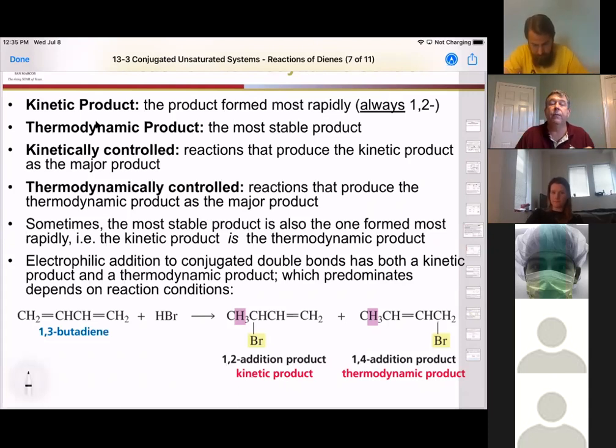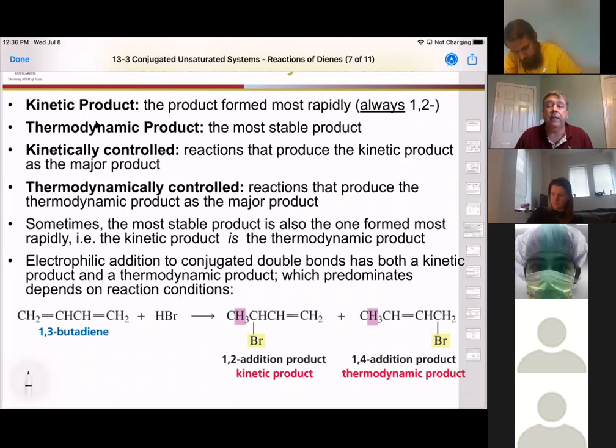If we have a thermodynamically controlled reaction, we can wait around to make the more stable product, so we have time to make it. Now, just because something is a kinetic product, it doesn't mean it can't be a thermodynamic product too, but most of the time we do see a difference between the kinetic and the thermodynamic product.